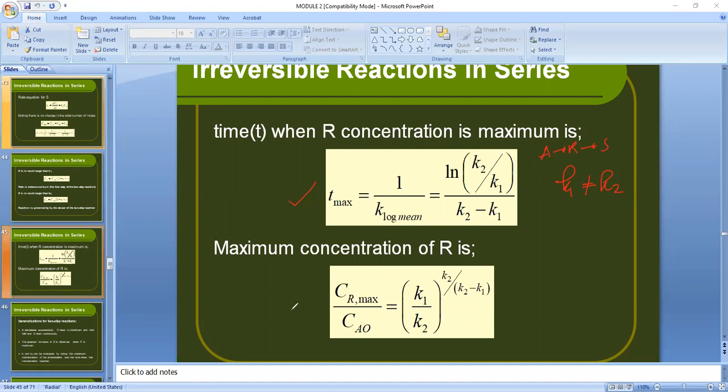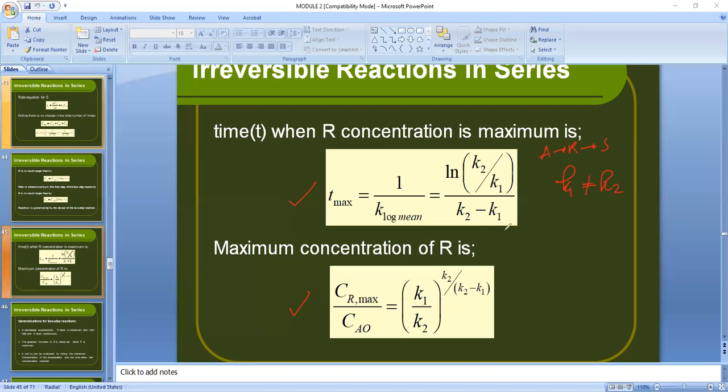The same thing with this. So it is solely for this particular condition. If your K sub 1 is equal to K sub 2, if you recall, you were given a problem set wherein you are to derive the time when your intermediate R is maximum if K sub 1 is equal to K sub 2.